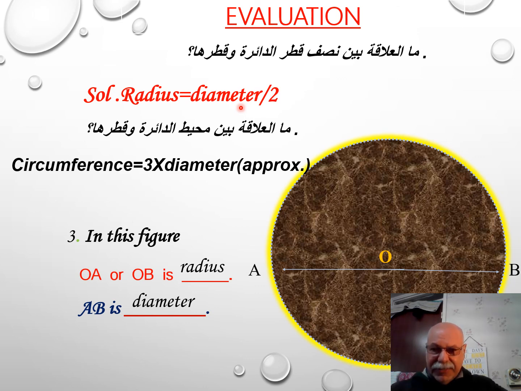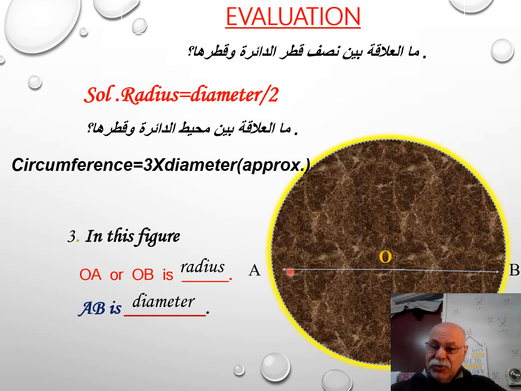In summary, now we know about the circle as a shape that looks like a ball or a bangle or a lemon, and we have many relationships between the center and any point on the circle.